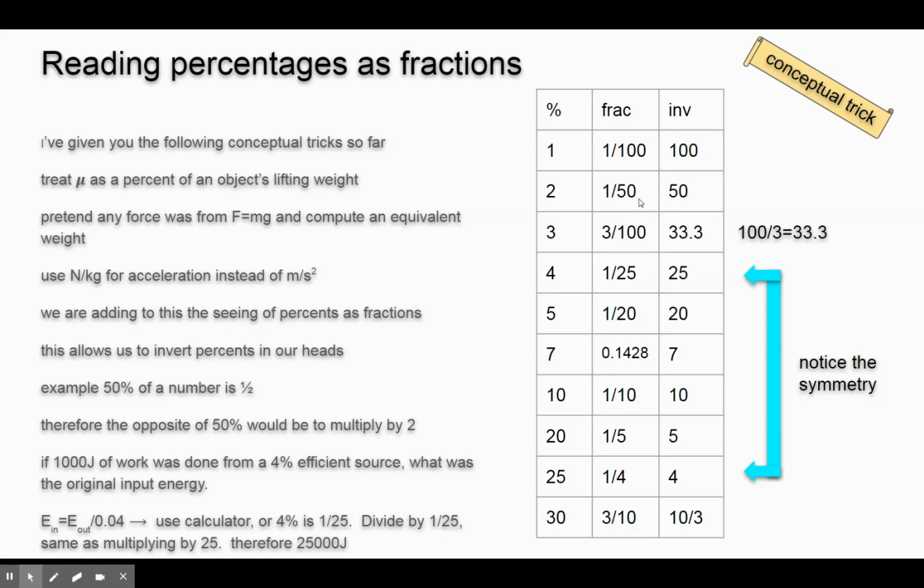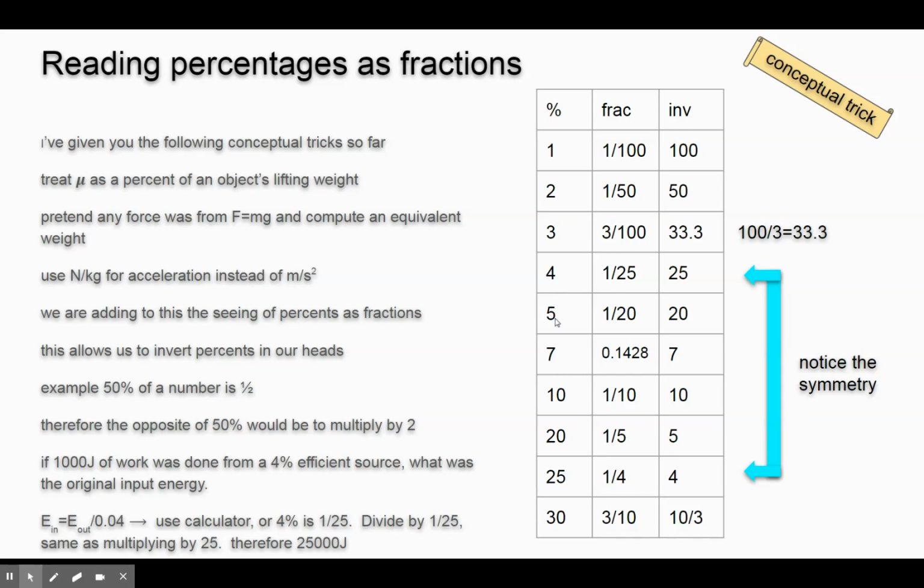This is something you have to choose to practice. So for example, if I say to you, I want 5% of a number, that is 1/20th of a number. So let's say I said to you, this engine produced 500 joules of useful energy and it was 5% efficient.